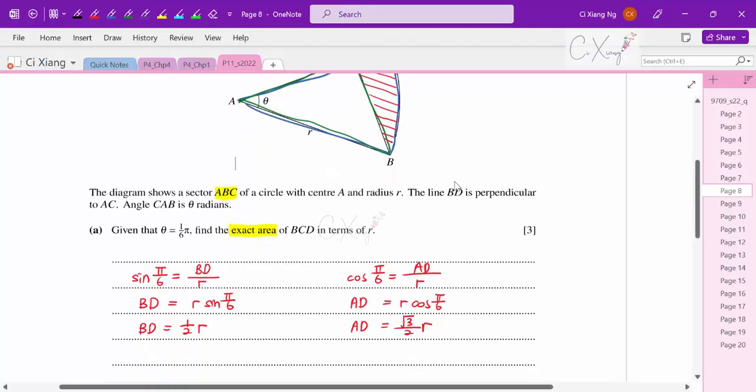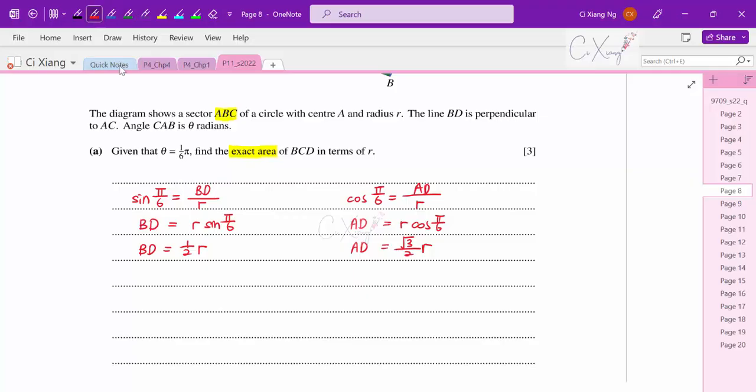So to get the area BCD, we use the area of sector ABC, for your understanding, minus the area of the triangle ADB.